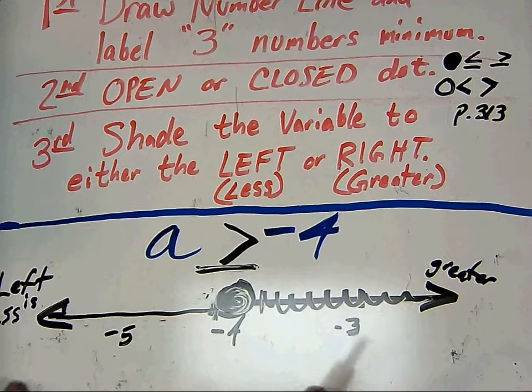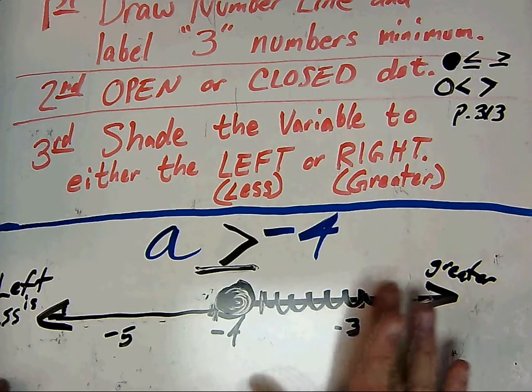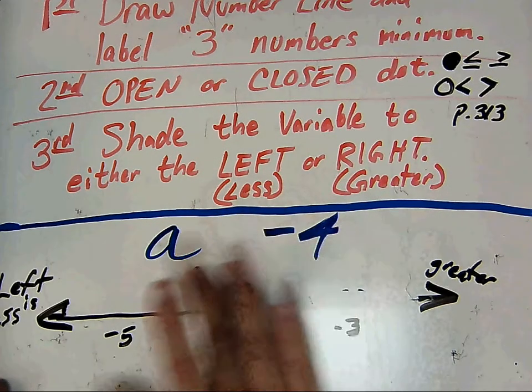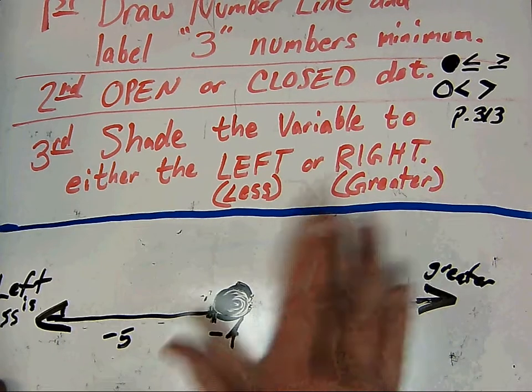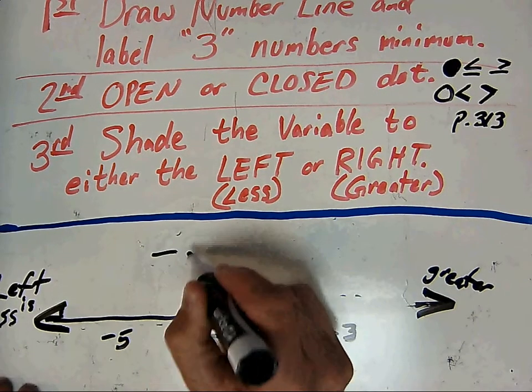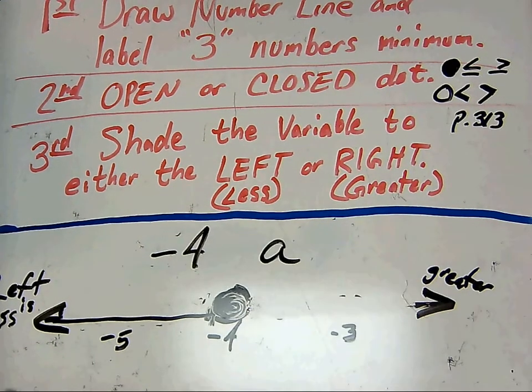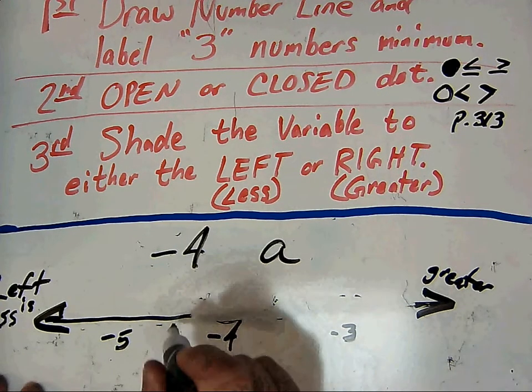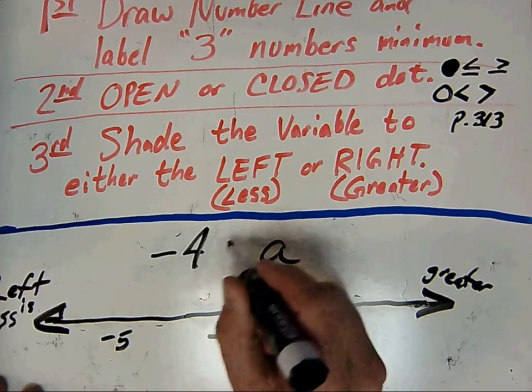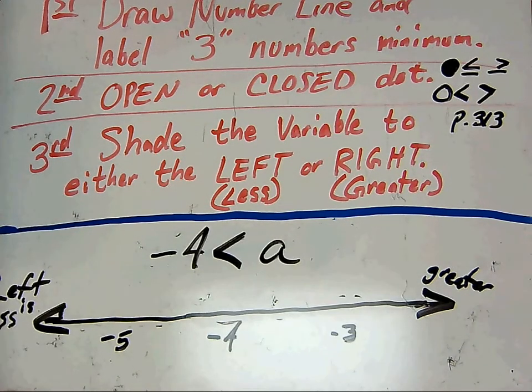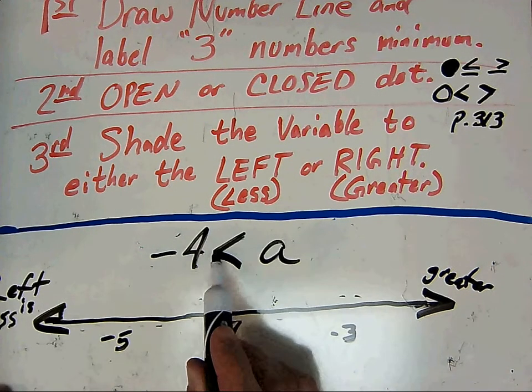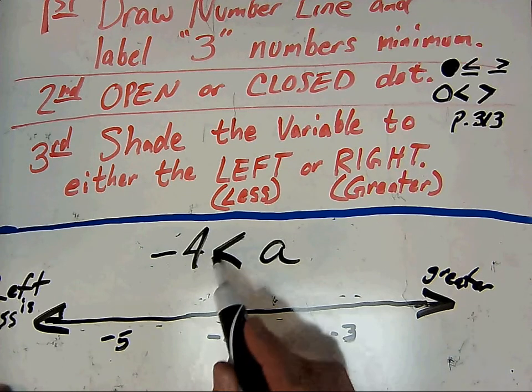Now, really quickly, what if the variable is on this side? And I said negative 4 is less than a. Do not say to yourself, oh, well, this arrow is going this way, so I shade this way.